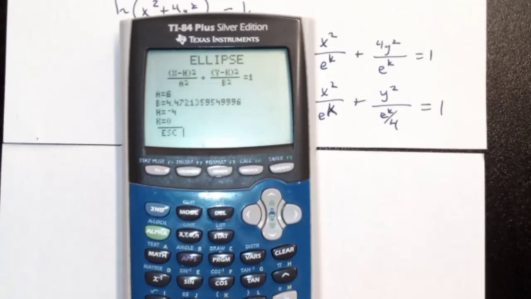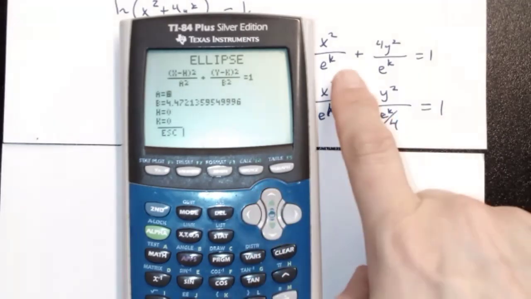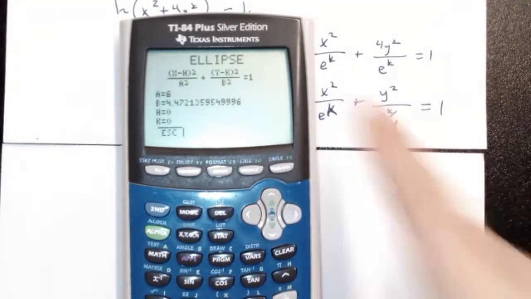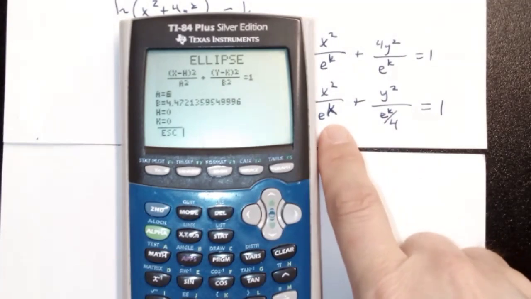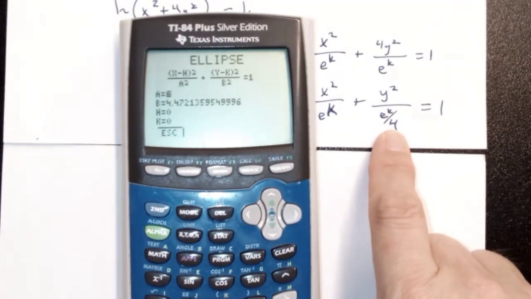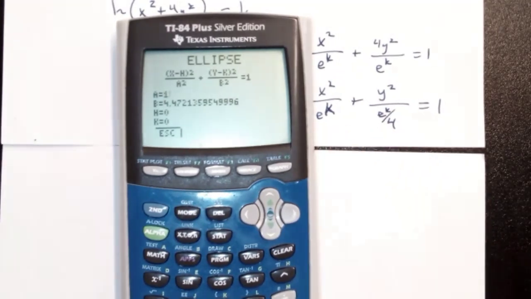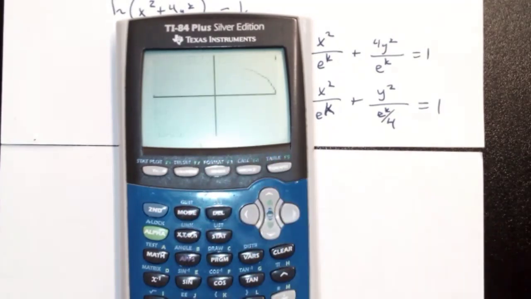So let's see. h is 0, k is 0. If I used k as 0, then this would be 1, and this would be a quarter. The square root of 1 is 1. The square root of a quarter is a half. Graph.